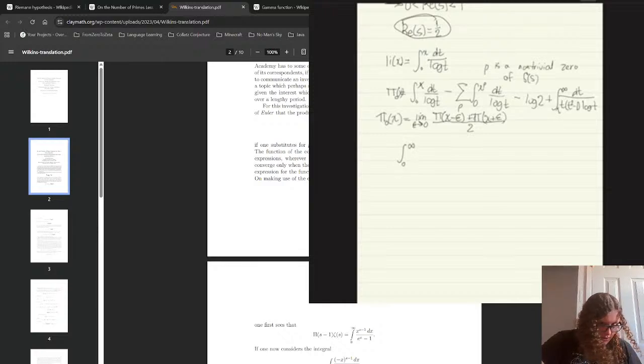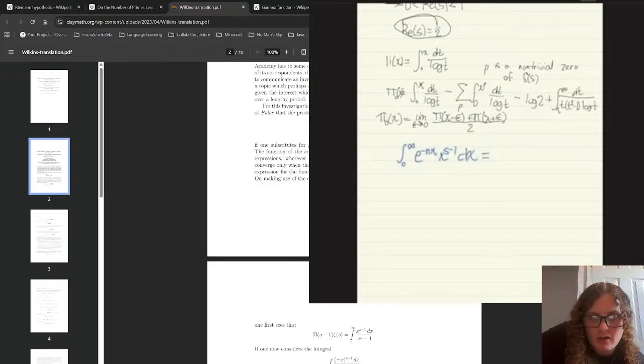The integral from 0 to infinity of e to the negative nx, x to the s minus 1 dx, that equals the capital pi function.